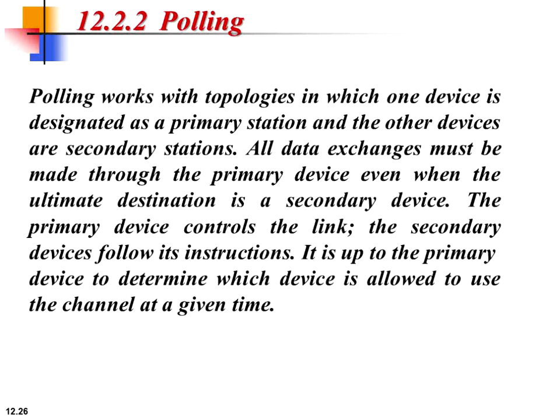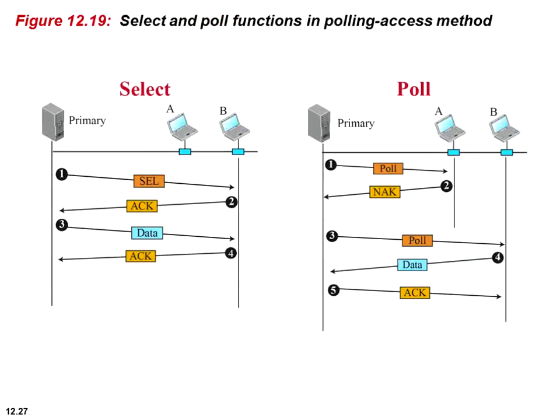Now next is polling. Polling works with topologies in which one device is designated as a primary station and the other devices are secondary stations. Now here, the select function is used whenever the primary device has something to send. The primary controls the link.